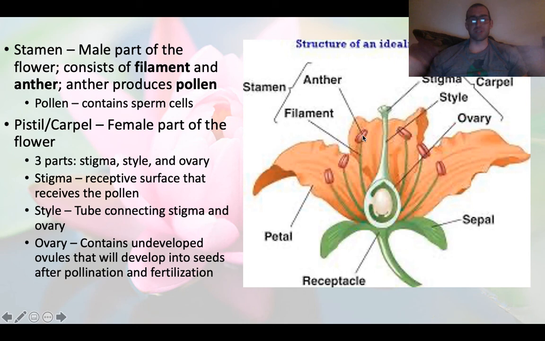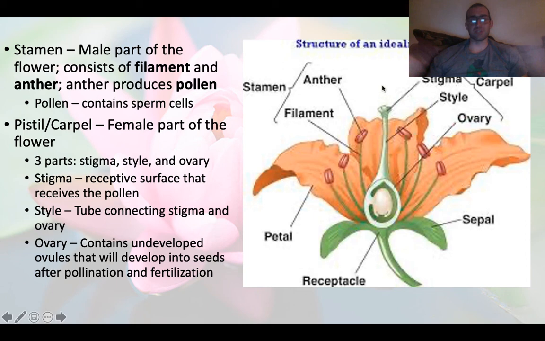And it's the pollen that contains a sperm cell, or eventually two sperm cells, that combines or attaches to the carpel over here, and we'll talk a little bit about pollination in a second. But that pollen essentially contains the male gametes, or the male sexual reproductive cells.